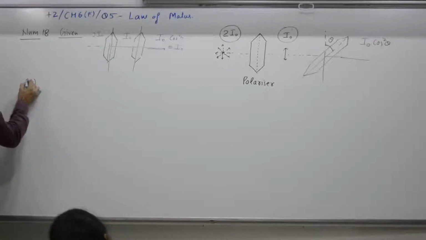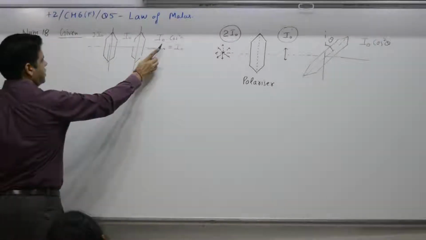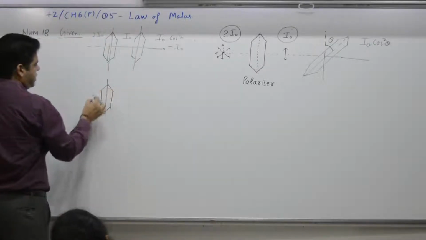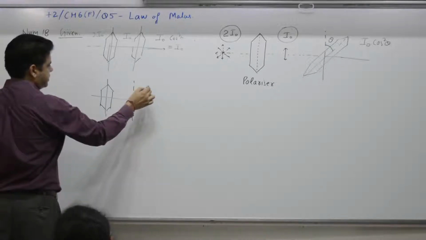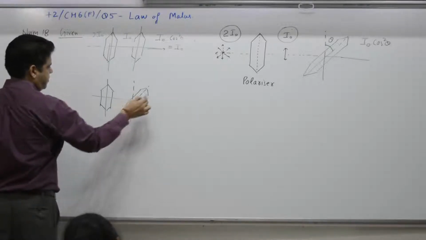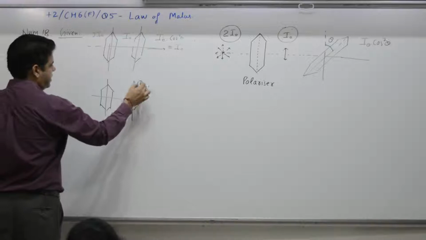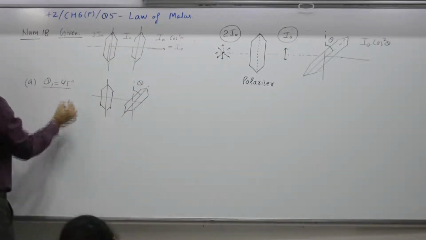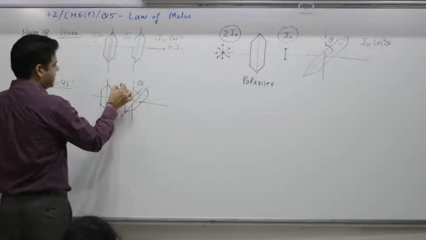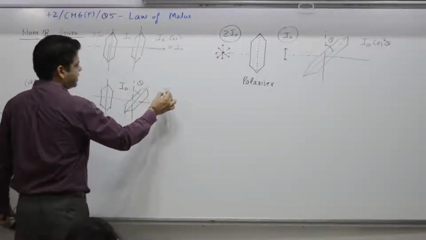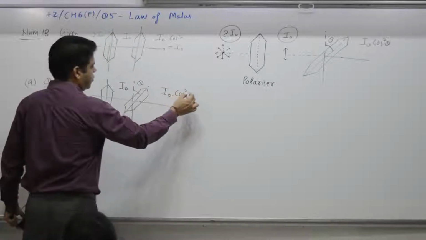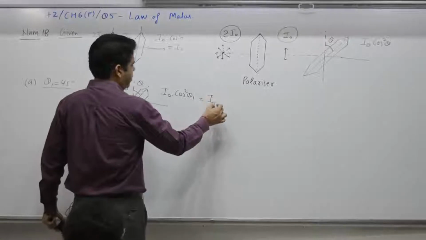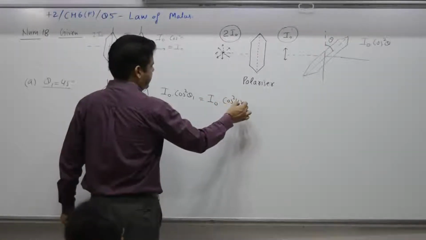What is the output when theta is theta 1, say case number 1, theta 1 is 45 degree? If this energy is I naught, here the energy is I naught cos square theta 1, equal to I naught cos square 45.